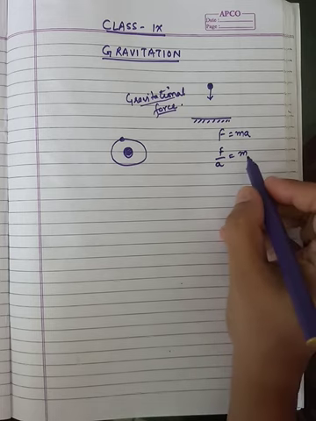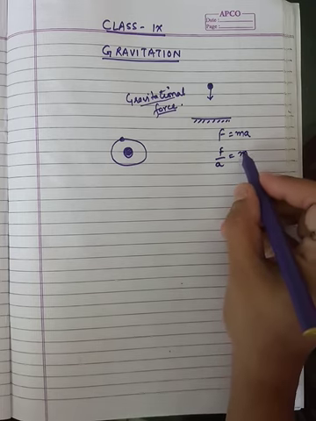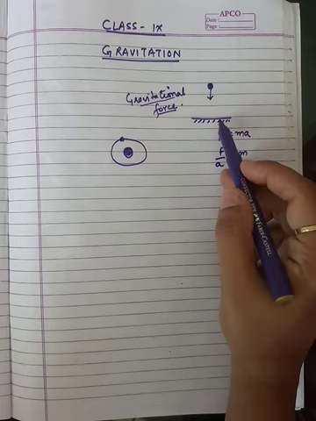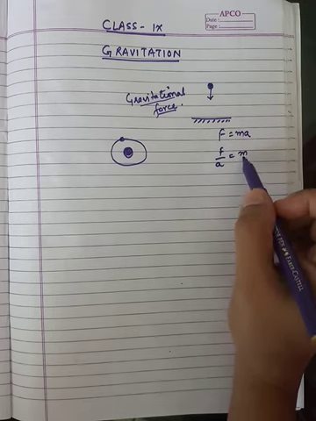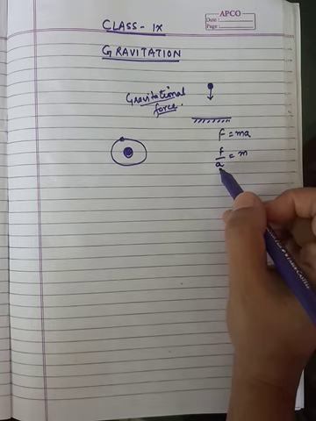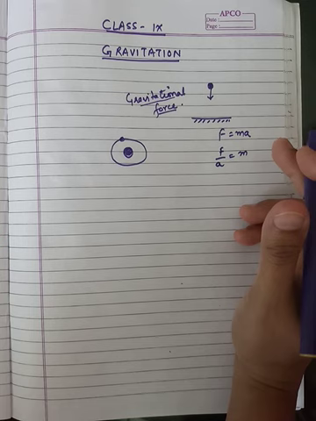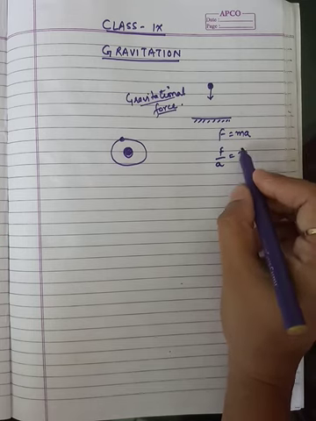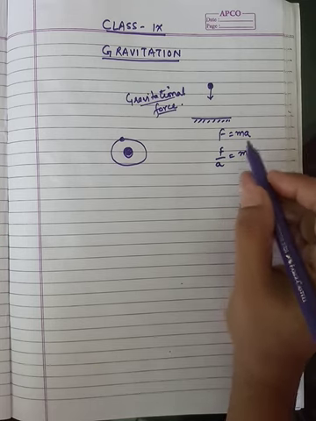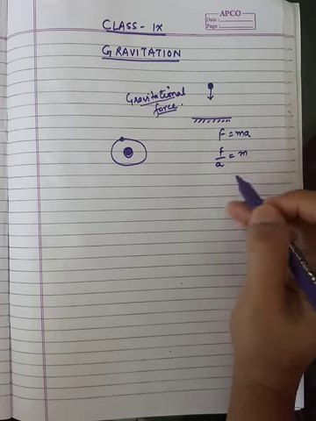Okay, so if the mass of an object is very, very small as compared to the earth's mass, then the acceleration produced will be very large. If the mass of the earth is very, very large, then the acceleration produced will be very, very small.